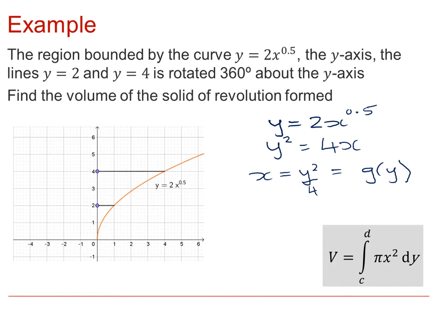When we come to integrate, the limits c and d will be the y values 2 and 4, as shown in the diagram. We will multiply by pi, and then the x squared will be this y squared over 4, remembering to square it, that's important, and integrating with respect to dy.